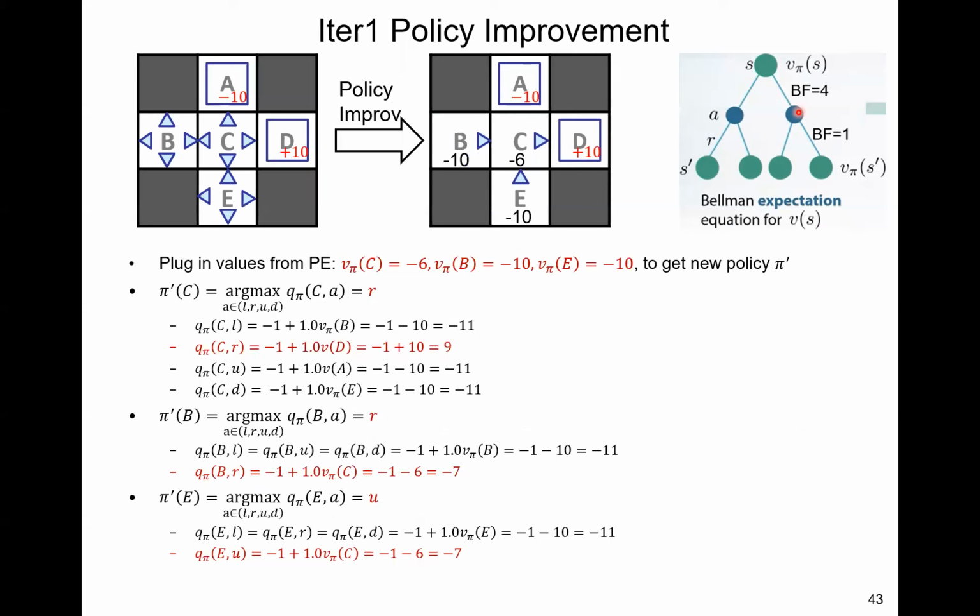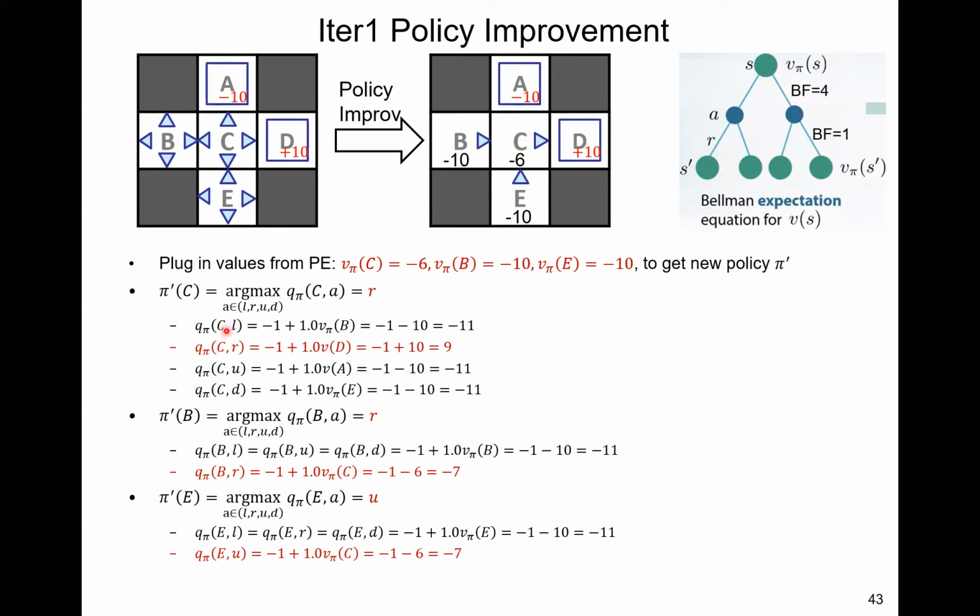So you have obtained the value functions. Now you need to get the greedy policy based on the value functions. So from state C, you're looking at the directions.